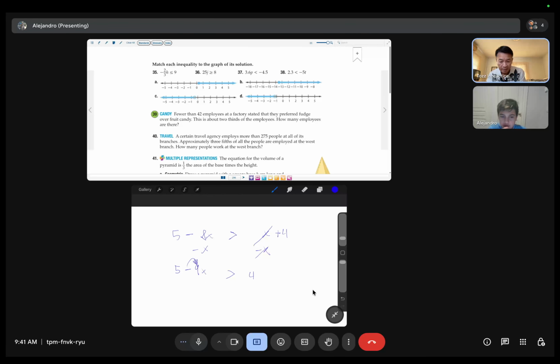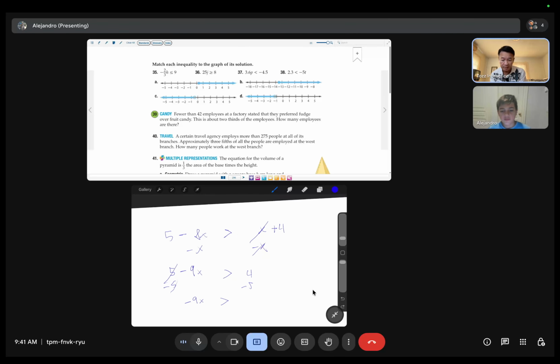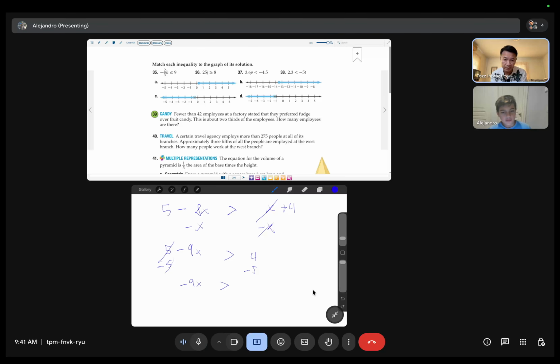You okay with that? So you subtract 5 from both sides, but you still have negative 9x. This negative will not go away. It belongs to the 9. I hope you're okay with that by now, because this could be a common error for some students here.